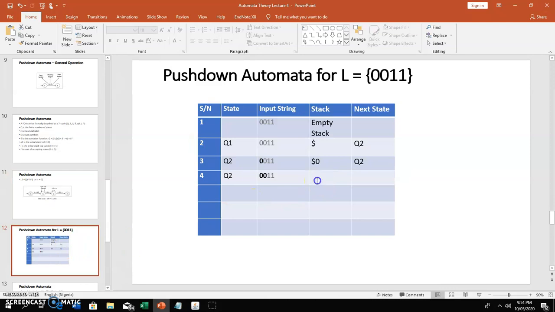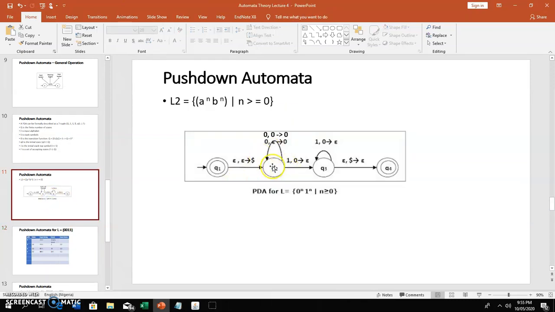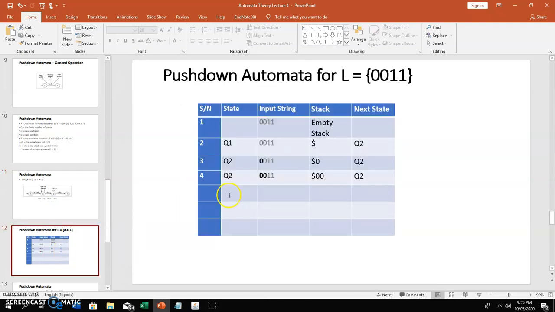So we're going to have the $ sign, the first 0 that we had first time, and now we're pushing in another 0. Which state are we going to? We're still going to remain on state Q2 based on what we have over here.